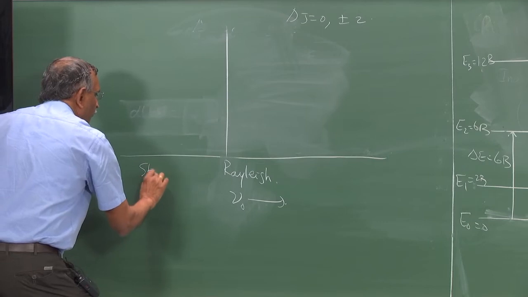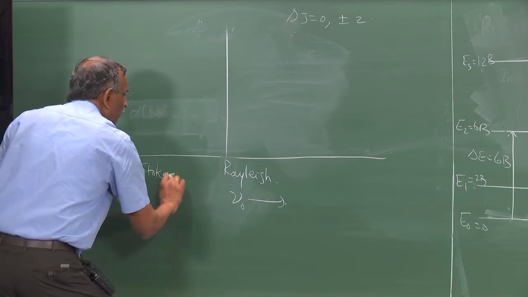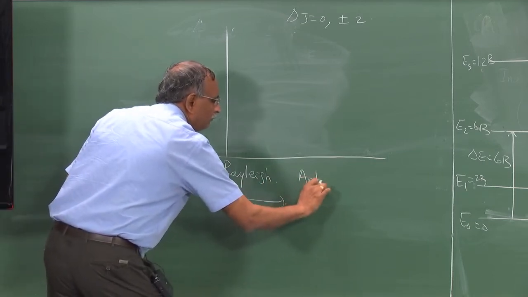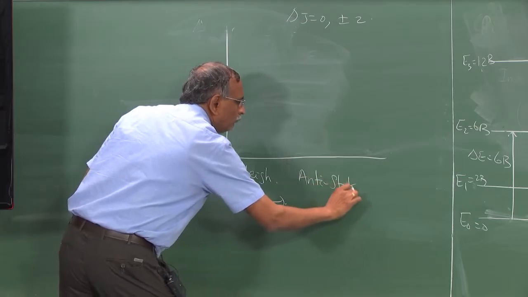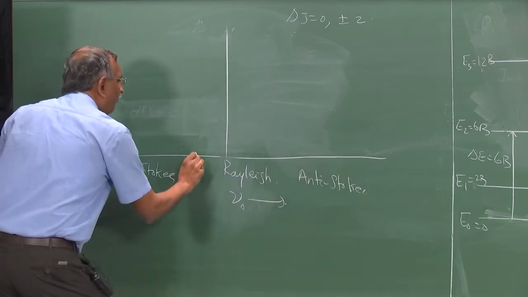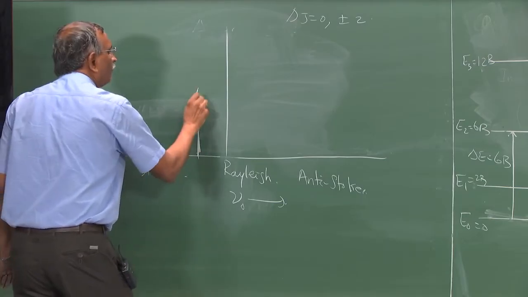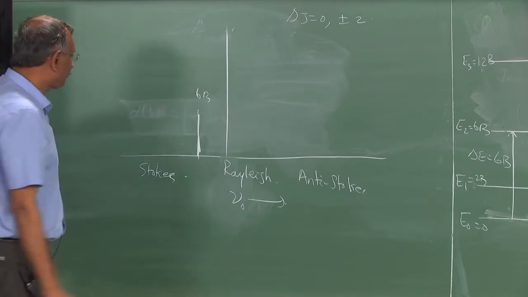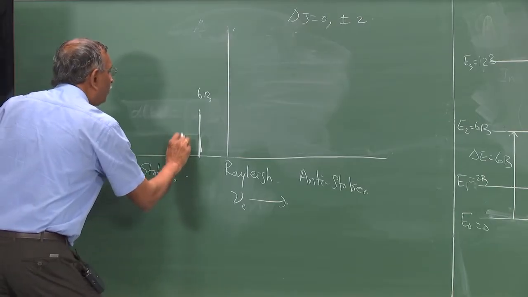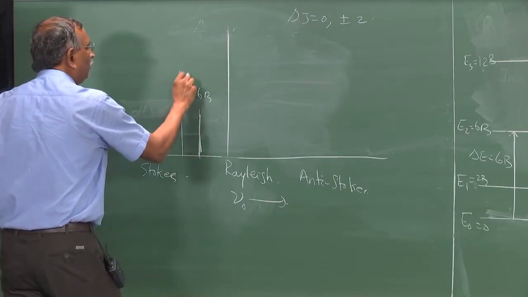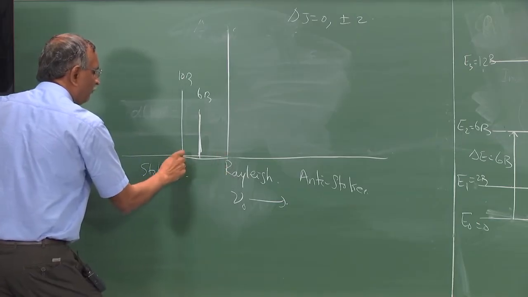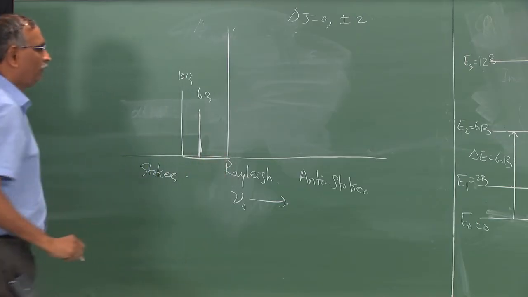Therefore, this is the Stokes side and this is the anti-Stokes side. Therefore, the first line that you will see is 6B. The next line that you will see is 10B from here.